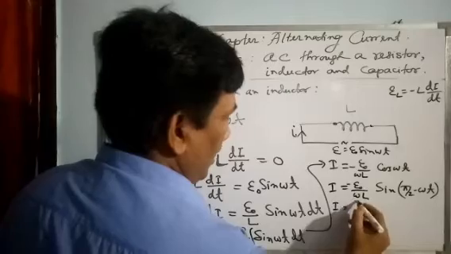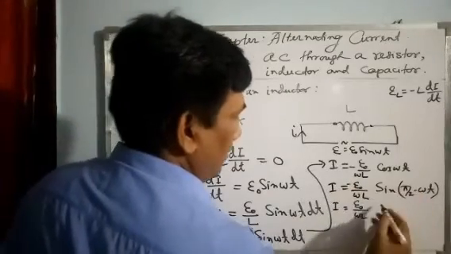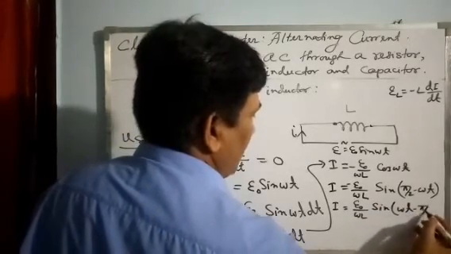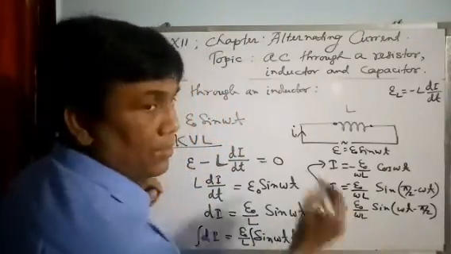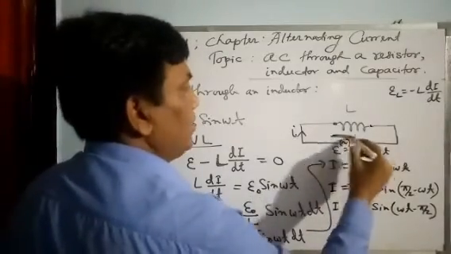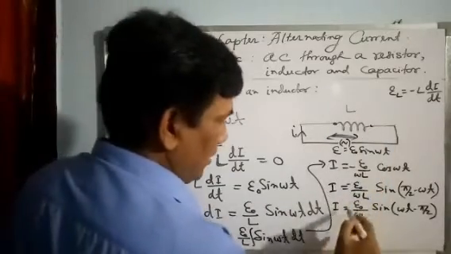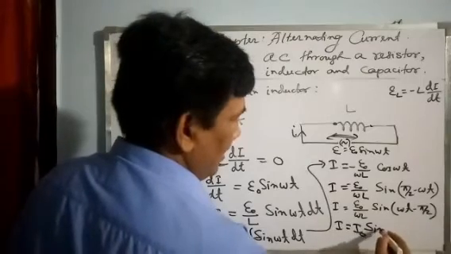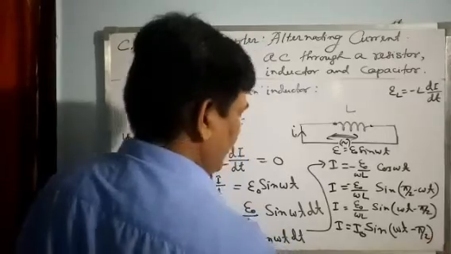Then I can put E naught by omega L, that minus can be brought inside, so you will get sin omega t minus pi by 2. And again you see, E naught is constant, omega is the angular frequency of the AC, at what rhythm it is oscillating, that omega is constant, L is constant. So this part is constant, and can be written as I naught, the maximum value of current. So it is I naught sin omega t minus pi by 2.